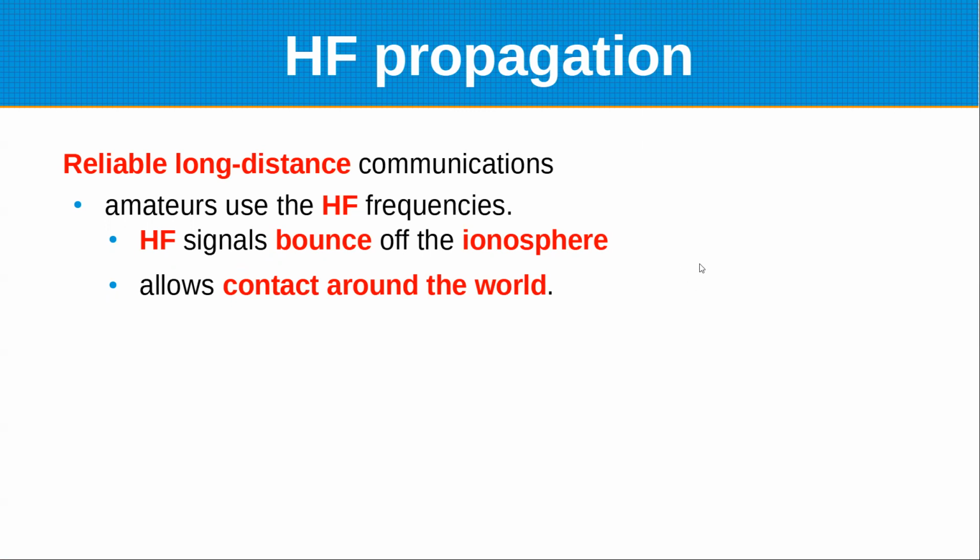Basically, we rely on propagation at HF frequencies to do long distance reliable communications, where all these things we talked about, all the scatters and ducting, are not very reliable, and they don't get the same kind of distances. Whereas at HF, with refractions off the ionosphere, like I said, you can go around the world. I pick up Australia, New Zealand easily at 50 watts.